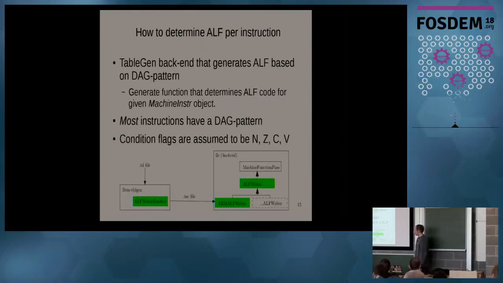The thing is that not every instruction has a DAG pattern, so you can customize this by doing a complex node or something, and there's also required work to write C++ code for generation of ALF code when this is not available. That's a bit annoying.